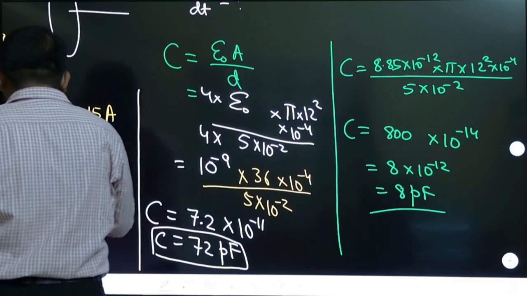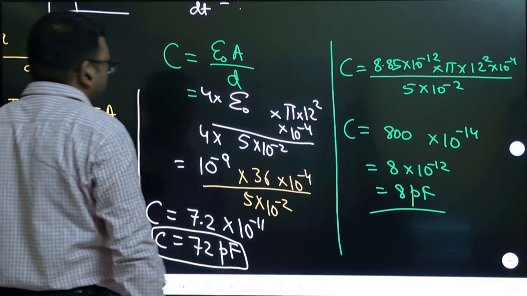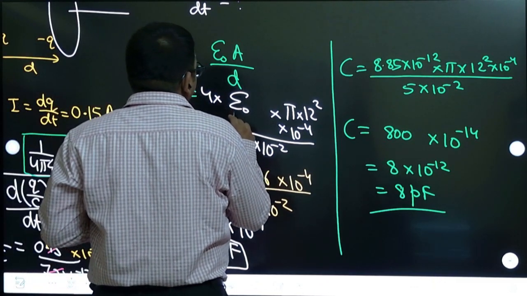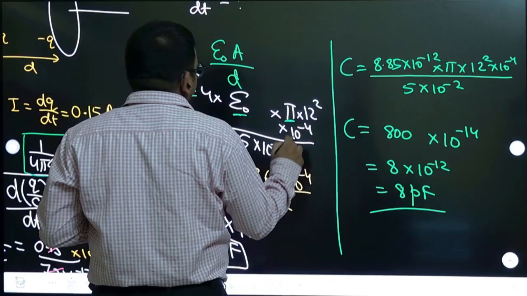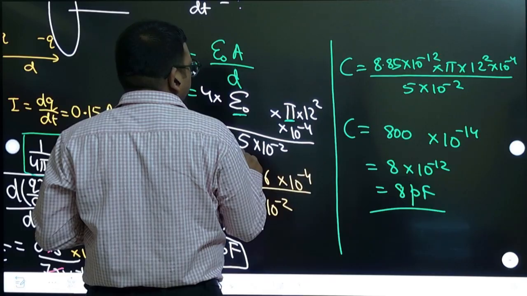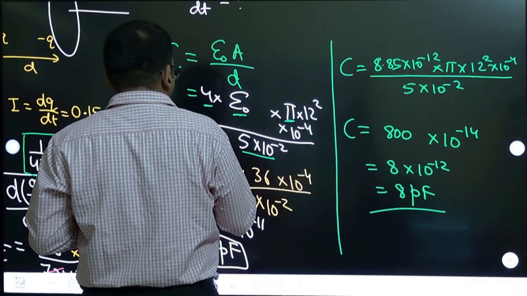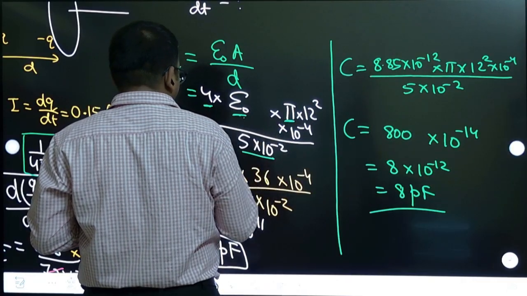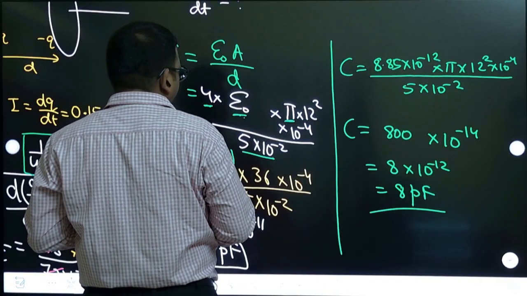1 by 4 pi epsilon naught is 10 to the power 9 only, right? So epsilon naught pi, 12 square 10 to the power minus 4, that's correct. And this 5 into this. So in this I am multiplying a factor of 4 and 4. So 4 pi epsilon naught I am writing as 10 to the power minus 5.